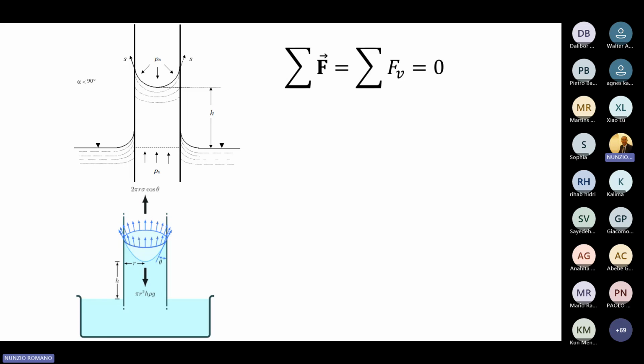The water adheres. Water is a fluid that wets the glass. So you have the meniscus of water that adheres to the tube.